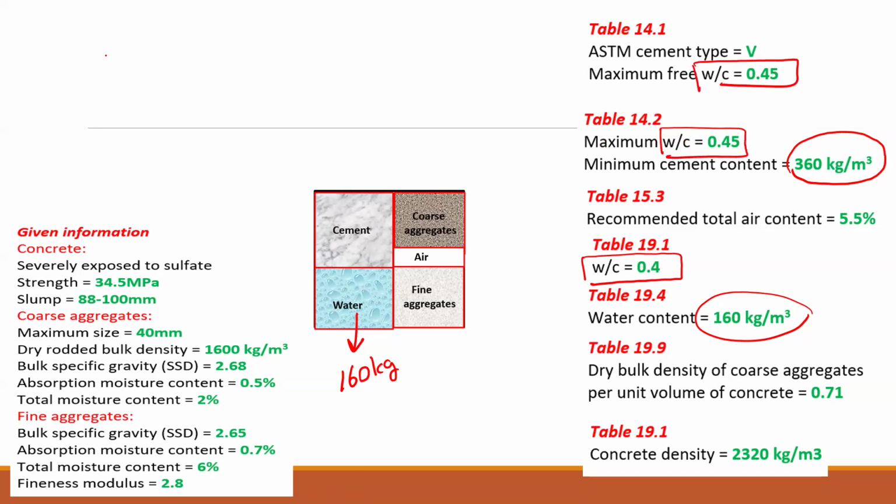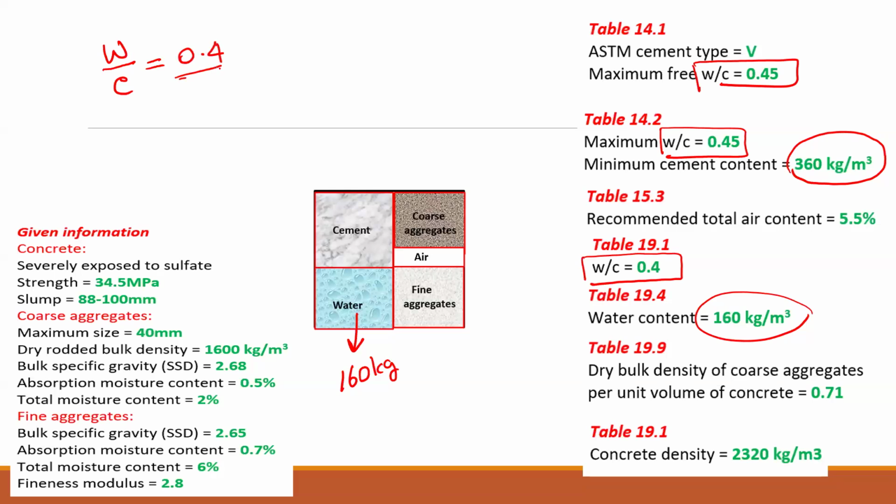So if we already know the water content and the right water to cement ratio, we will be able to find the cement content. So what is the right water to cement ratio? Is it 0.4 or 0.45 or what?